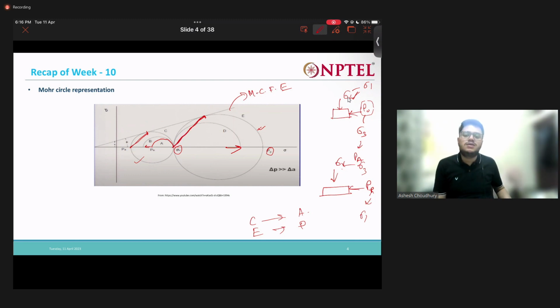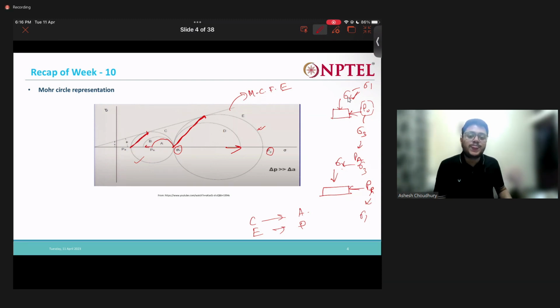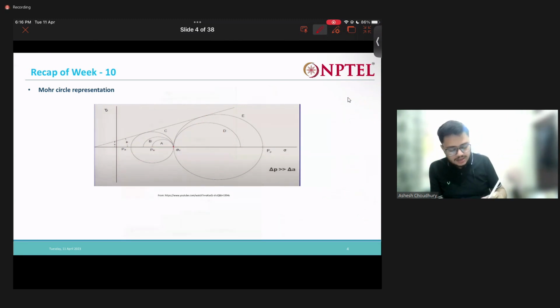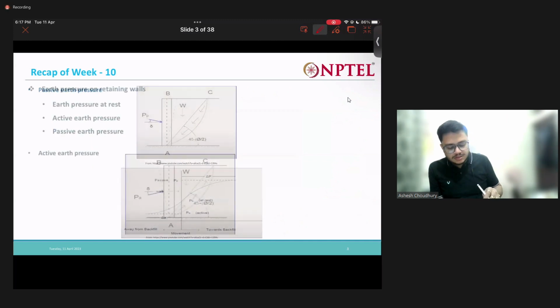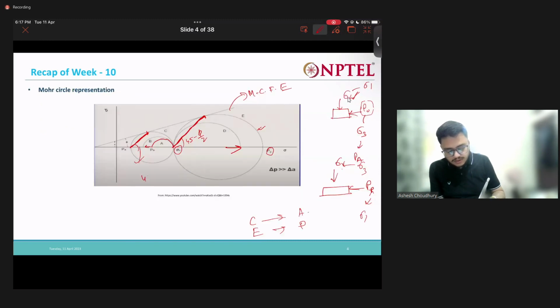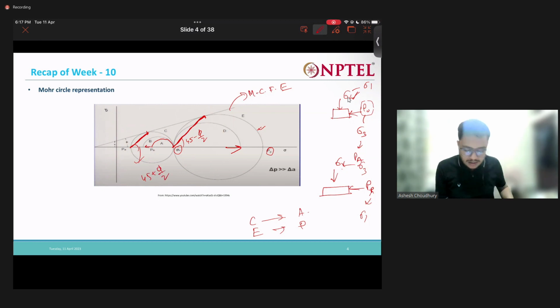These lines will give me the inclination of the failure plane with the horizontal, right? We will see that this comes out to be 45 minus phi by 2, and this one comes to be 45 plus phi by 2. Just from the geometry we will see this.